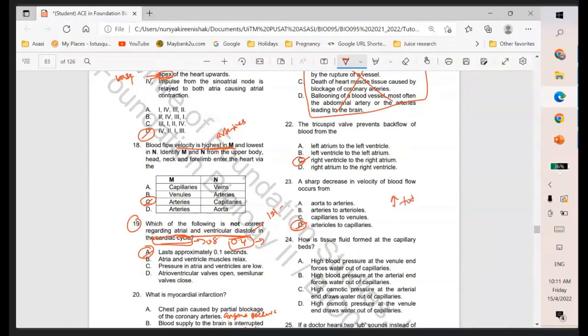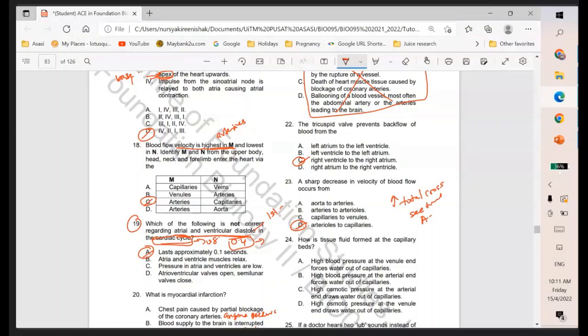Increase in total cross-sectional area. Obviously lah kan, daripada aorta dia bercabang pergi kepada more artery, bercabang lagi pergi ke more arterioles, bercabang lagi pergi ke more blood capillaries in capillary bed. Imagine lah darah tu yang nak kena mengalir in all that many blood vessels.